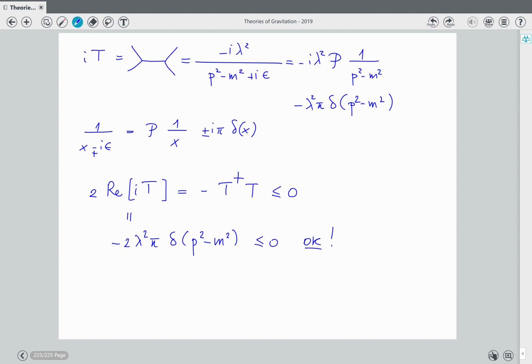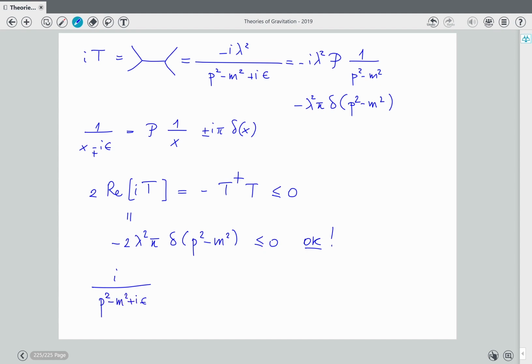Third, you cannot change the overall sign of a propagator. You cannot change the sign in front because you would violate the optical theorem. You could change both signs, however. You could change a sign here and a sign there. So the propagator must be what we wrote.